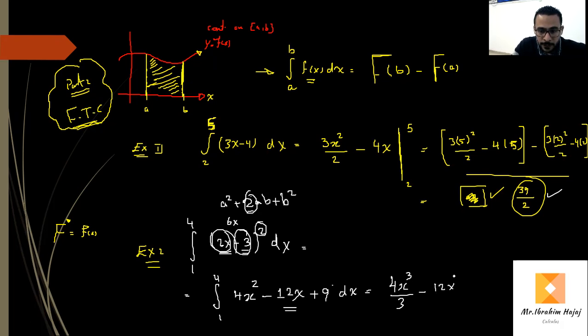It gives here 12x squared over 2, plus 9x, and then evaluate this from 1 to 4. Plug in 4 first and then plug in 1 and find the answer, or you can do it in the calculator. Wait, you must integrate first and then find your answer.